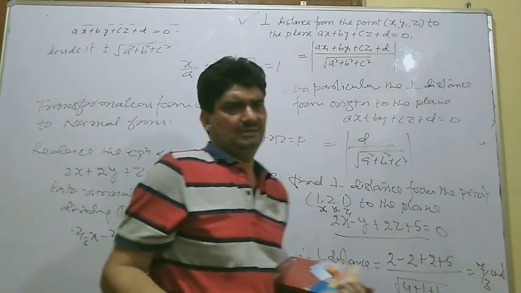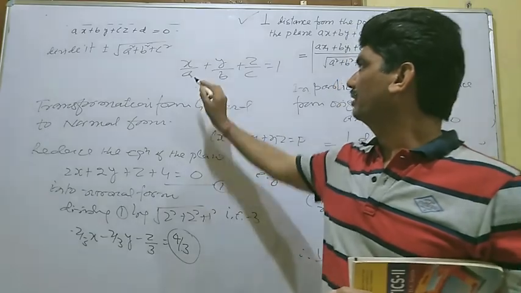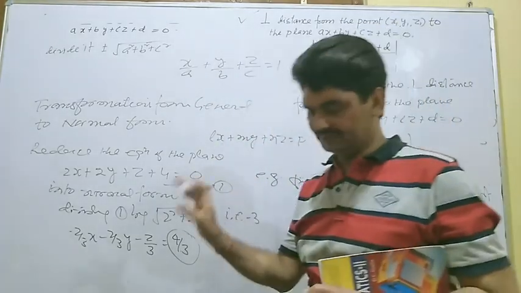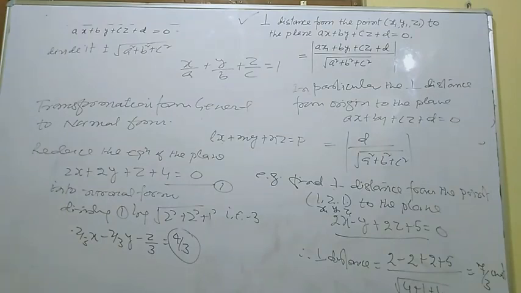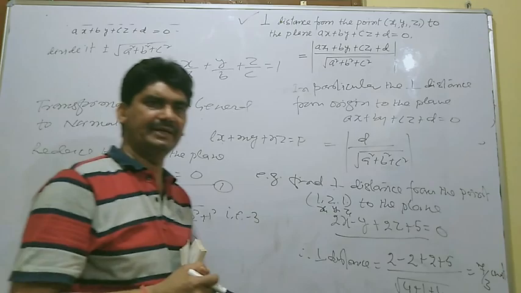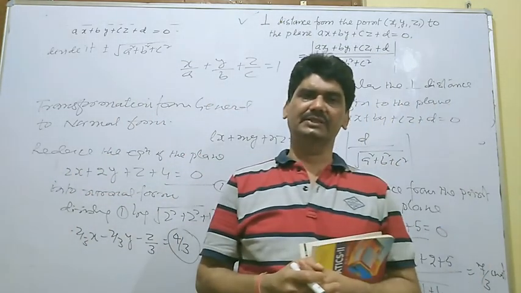If the intercept form is given, it is very simple: you can reduce it into general form by taking the LCM and simplifying. There are many topics and many problems on the plane that depend on knowledge of the straight line, that is, equations of the straight line or some basic concepts on the straight line.